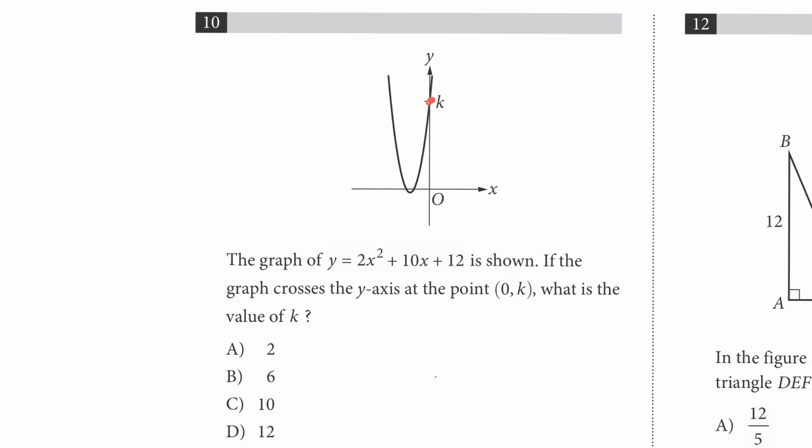Well, when x is 0, what is y? If you plug in a 0 here and a 0 here, this is 0, that's 0, so k would be 12. And so your y-intercept is 12. So in this case, the answer is D, 12. And that's problem number 10.